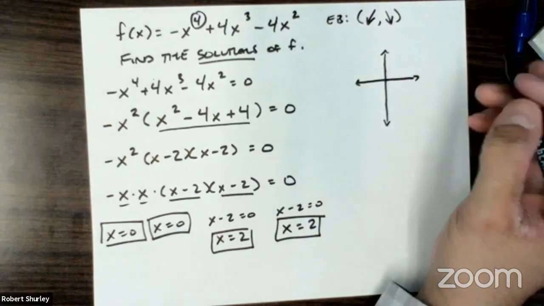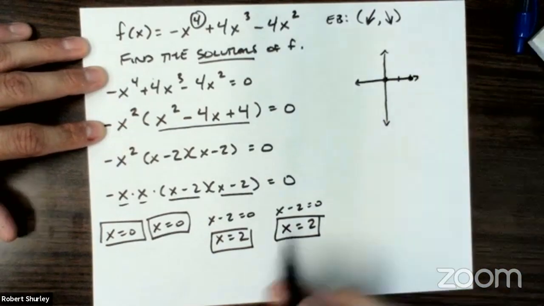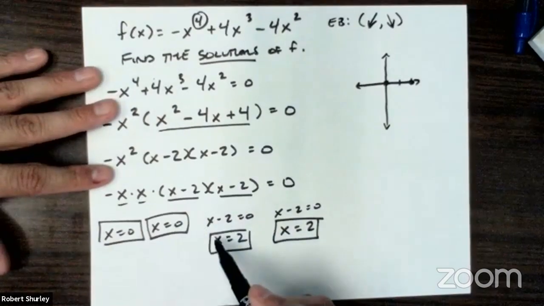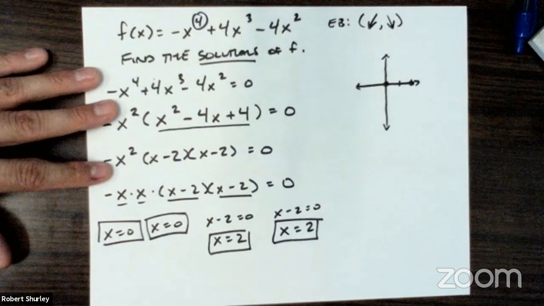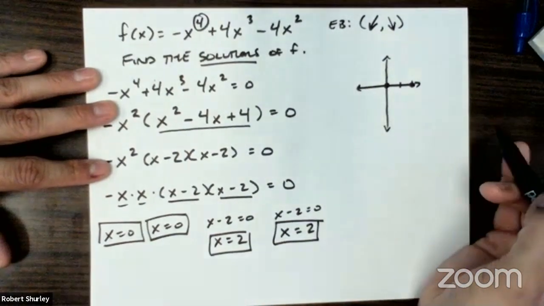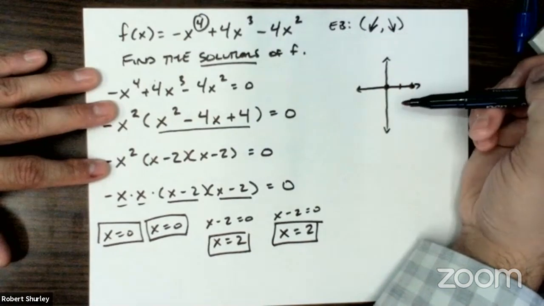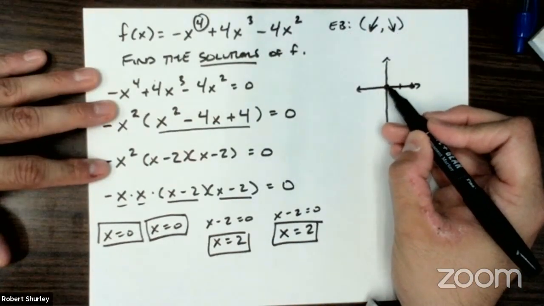Okay, so we know the x-intercepts are actually at 0 and at positive 2. Because remember, the solutions and the zeros, if they're real, are really just the x-intercepts, okay? They're at 0 and they're at positive 2. Now, I know the end behavior is down and down. So let's say this leftmost 0 here.